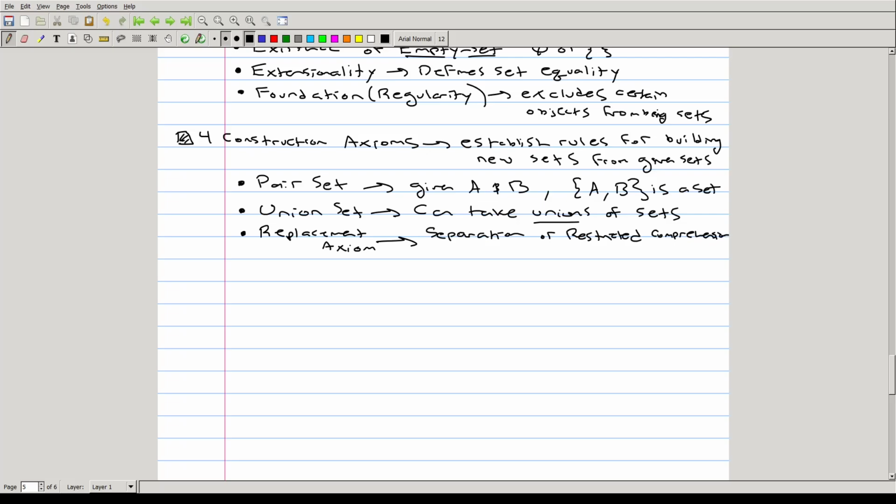This axiom helps us avoid Russell's paradox and allows us to use what we talked about before, the set builder notation.